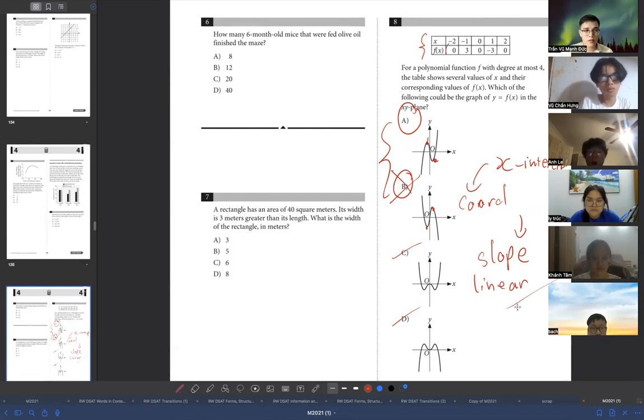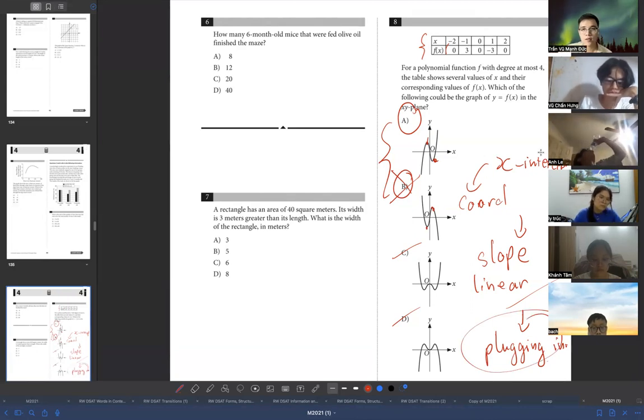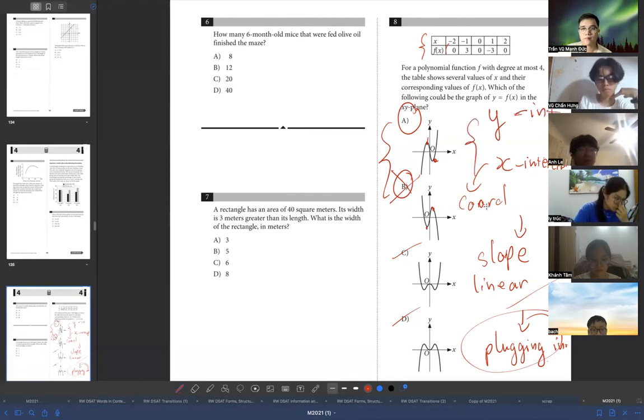But if they don't show us a line or you can't find the slope, you're going to have to resort to plugging in. This will almost guarantee you get the result, but it will require a bit of time. So find the slope and the intercepts, and if you haven't found the result already, you plug them in simply, like we've just done.